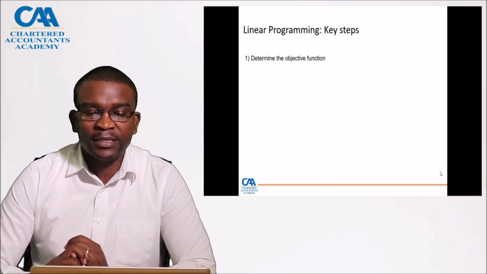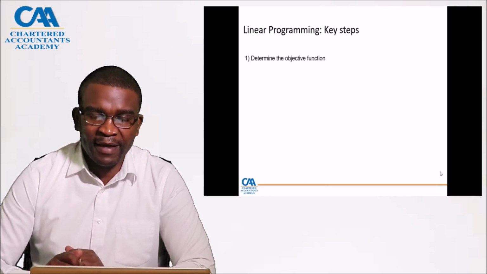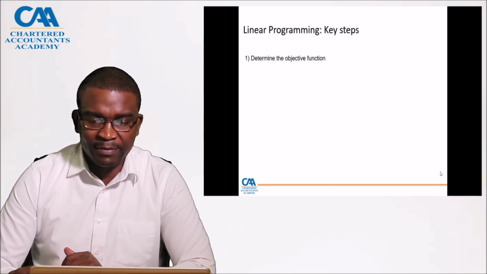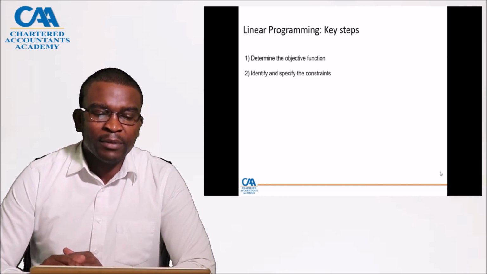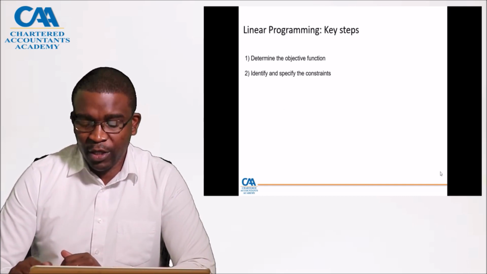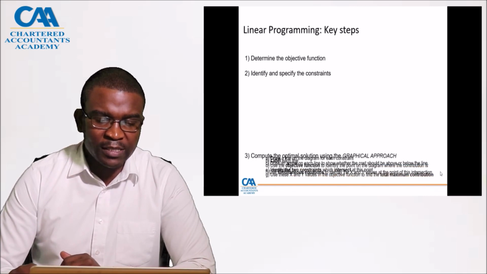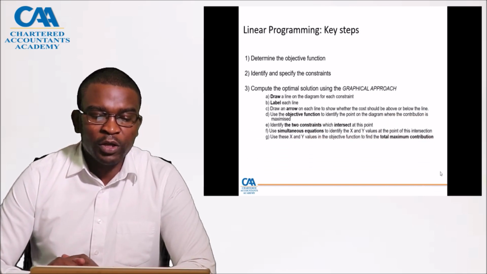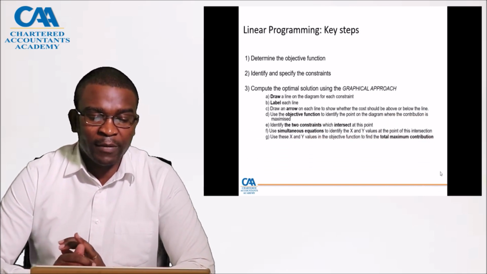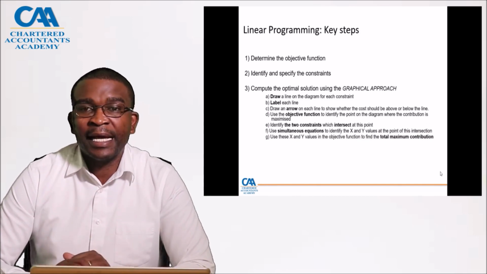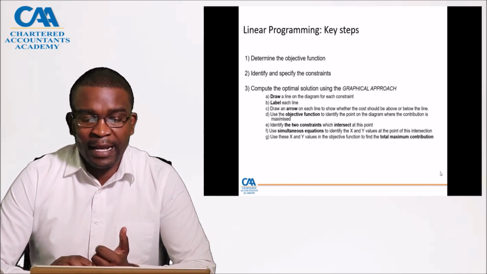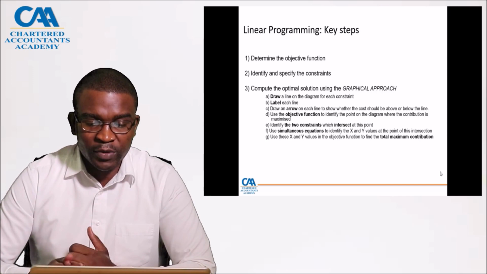Step number one, determine the objective function, which is the contribution function that maximizes your profit. Number two, identify and specify the constraints that you have in the process. Then compute the optimal solution using the graphical approach. So you draw a line diagram for each constraint and label each line. We're going to go through this process.